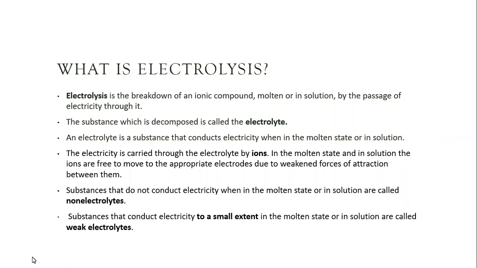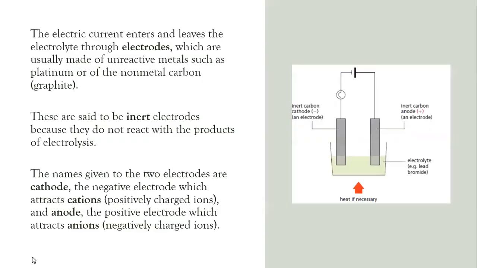Then we have certain substances that can conduct electricity, but only a little bit. We call them weak electrolytes, but that is generally not something you're going to deal with in this particular topic. We are specifically dealing only with electrolytes.